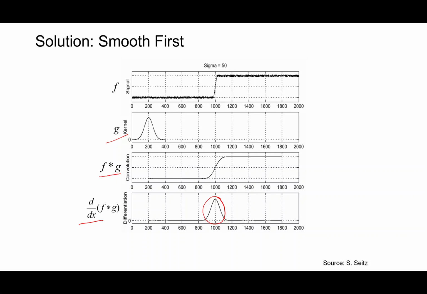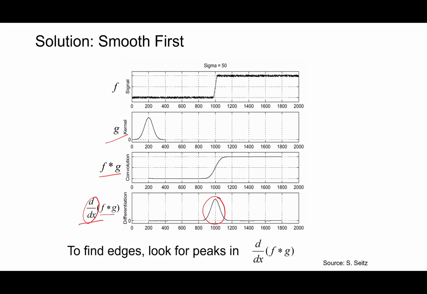So when you want to do edge detection, you have to first smoothen the image and then compute the derivative. But actually, since both are linear operations, you can interchange them. You can find the derivative of the Gaussian kernel and then run that on the image.